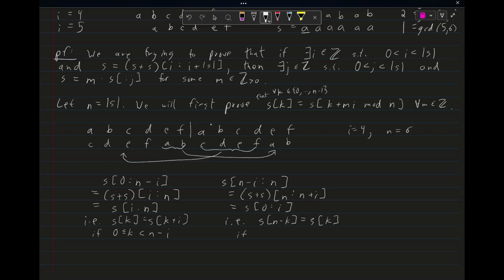Let's see here, S minus k equals S of A. Do I have this right?